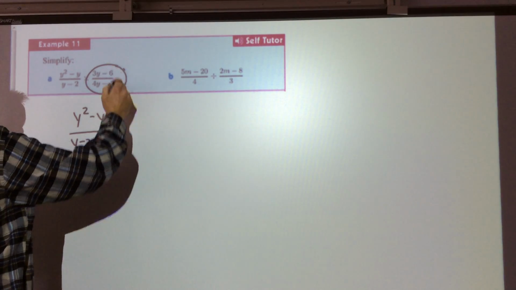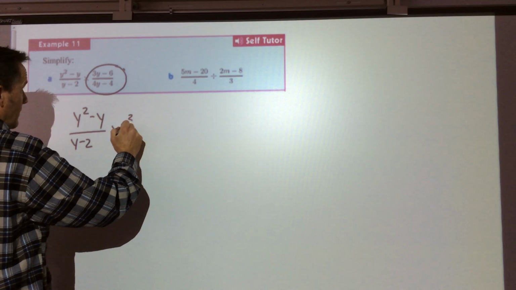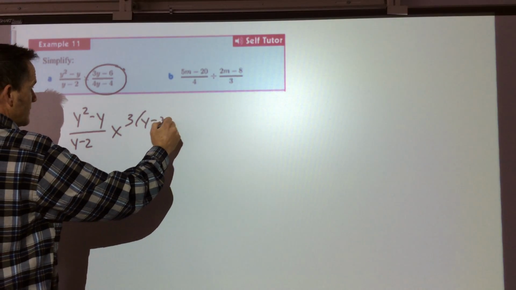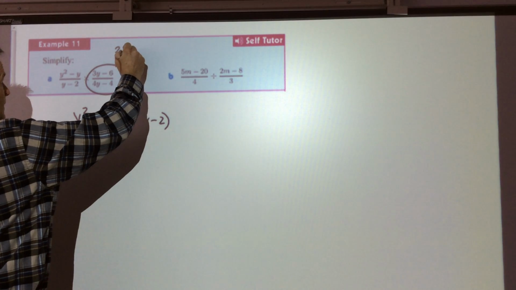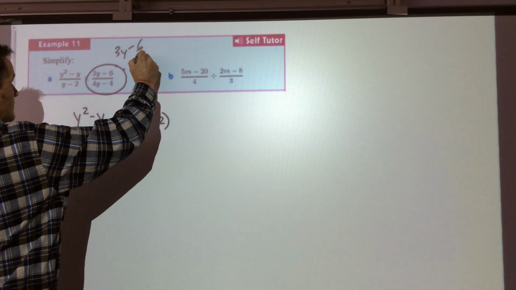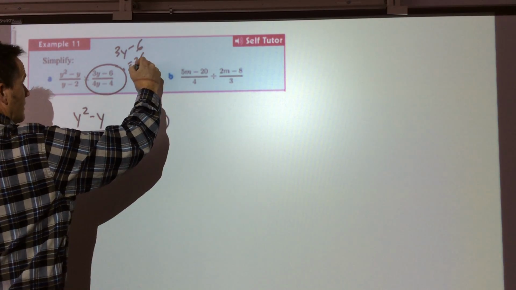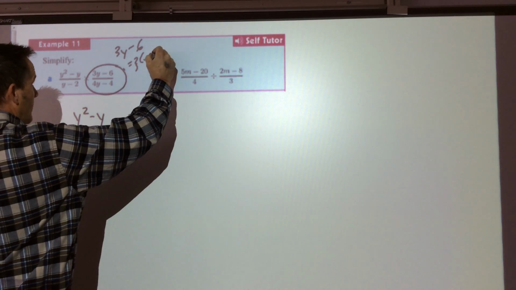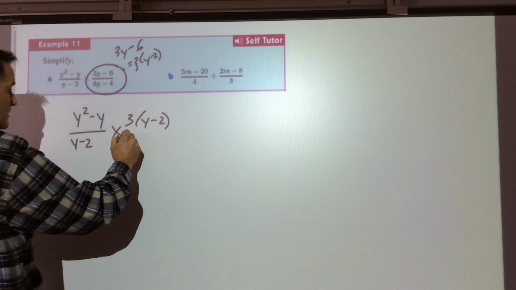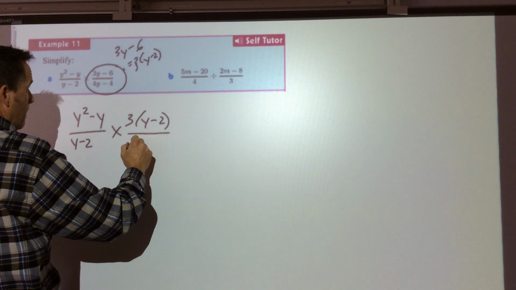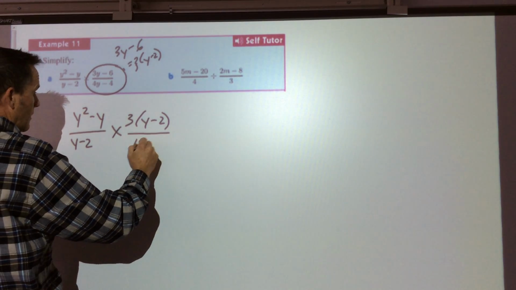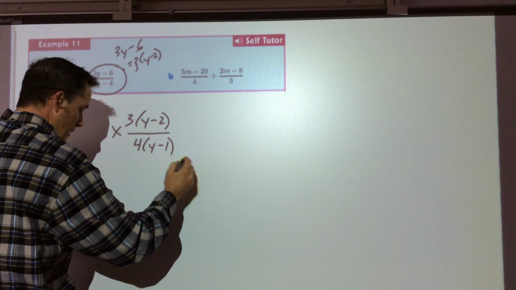I've got some factoring I can do here. It's going to be multiplied by 3, y minus 2, because 3y minus 6 is equal to 3 times y minus 2. In the bottom, same idea. I have 4y minus 4. That's going to become 4 times y minus 1.